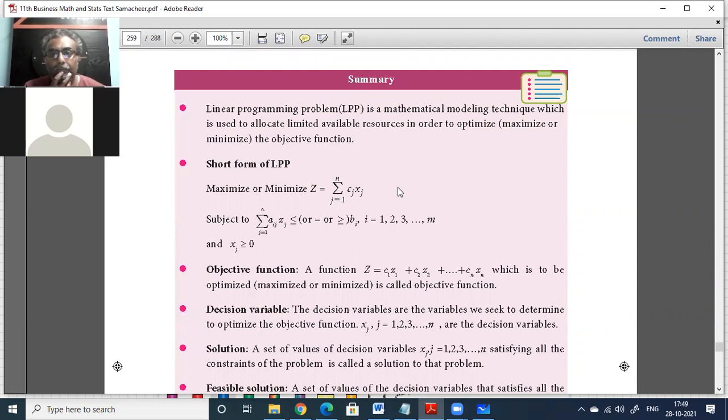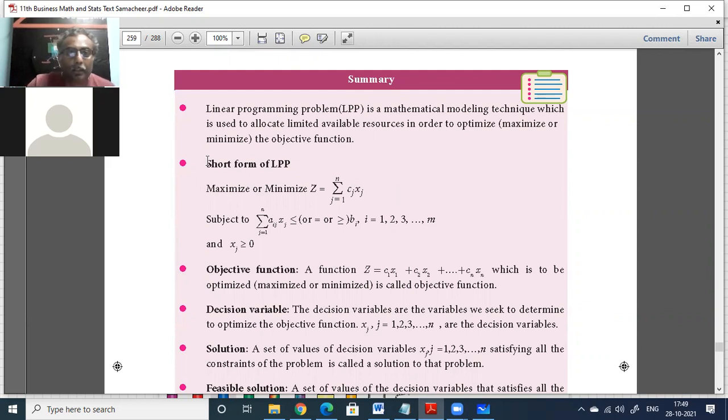Short form of LPP is linear programming problem. Maximize or minimize Z equal to sigma j equal to 1 to n Cj xj, subject to sigma j equal to 1 to n.